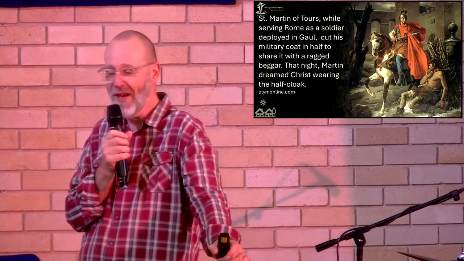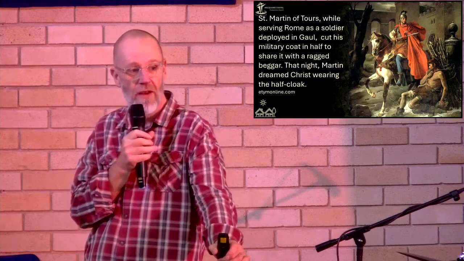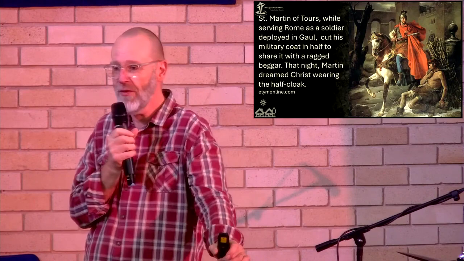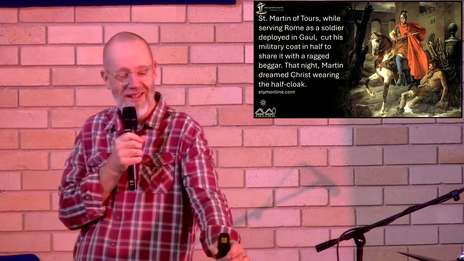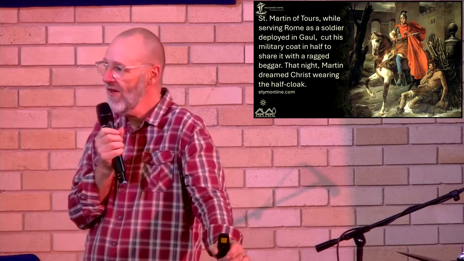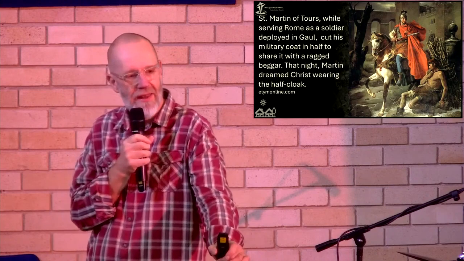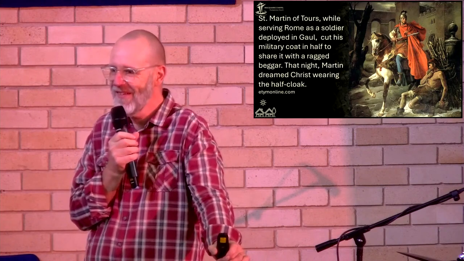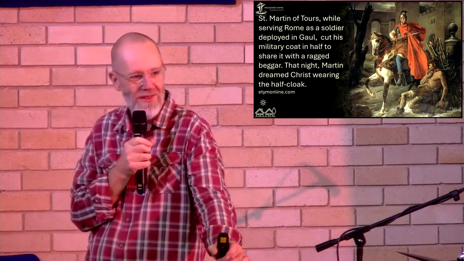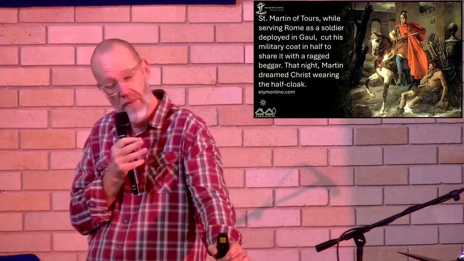I don't know if you know much about early church history, but they loved relics. There were at least 5 skulls of John the Baptist floating around in different places, kept as relics. But one of the holy relics way back was the half a cloak from St. Martin of Tours. And that was housed in a place that was called the chapel, the place where the little cloak lives. And so that's where the idea of chaplaincy sprung from, apparently.